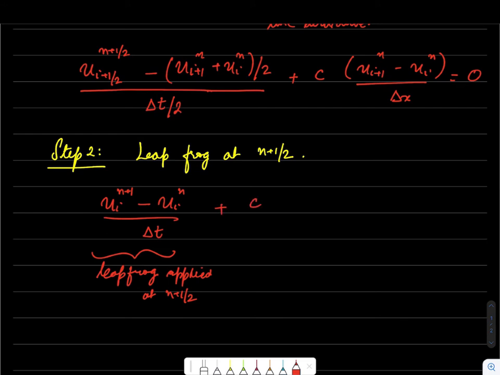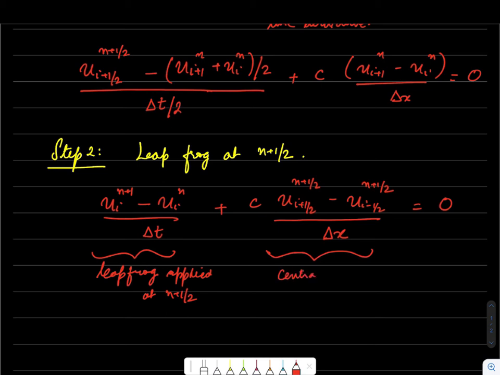plus c times, now I will use the proper central differencing because I already have u i plus half and u i minus half similarly at n plus 1 by 2. So we'll have u i plus half n plus half minus u i minus half n plus half by delta x is 0. And you can also note that this is also a central differenced approximation.